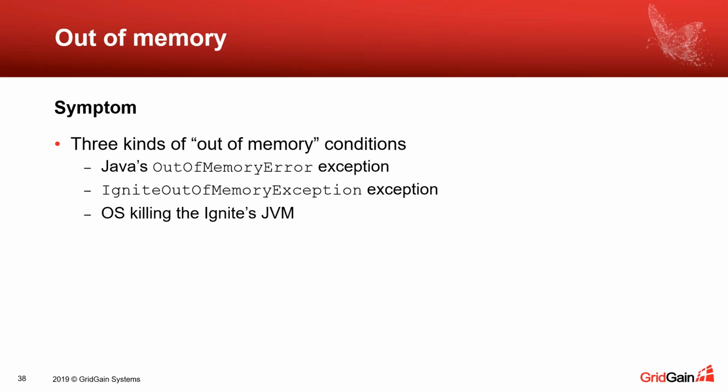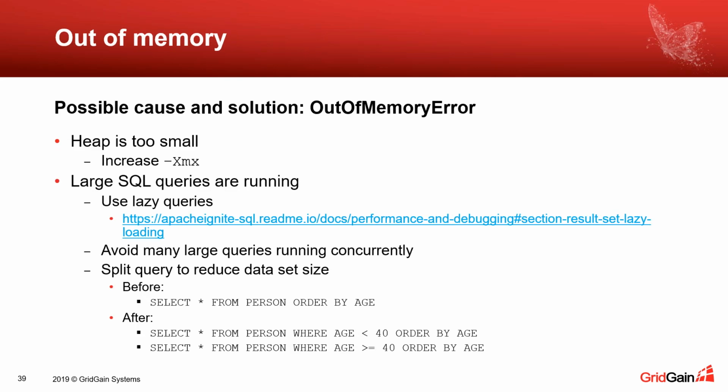First is Java out-of-memory exception, just the usual one. The other one is a special Ignite out-of-memory exception. And finally, there are some situations when you won't even see any exceptions, but you will just see your OS killing either Ignite's process or maybe even some other process on the same host.